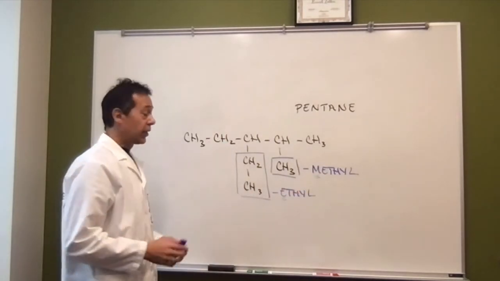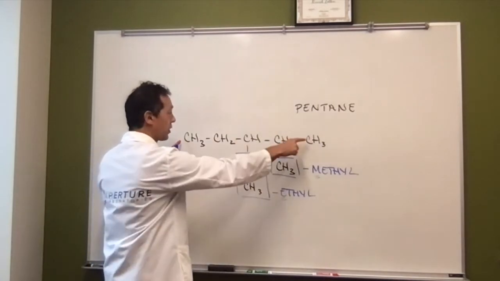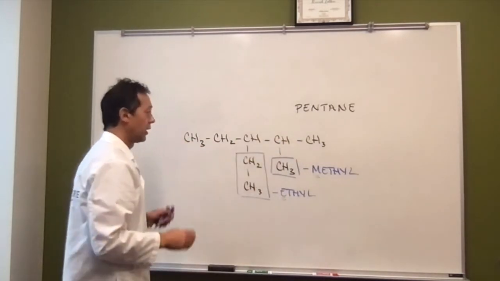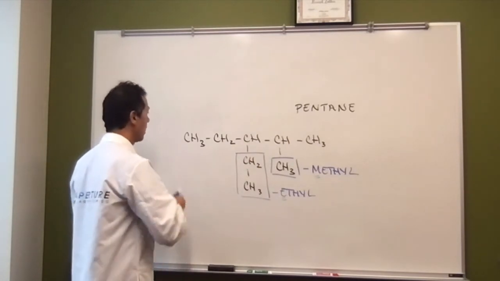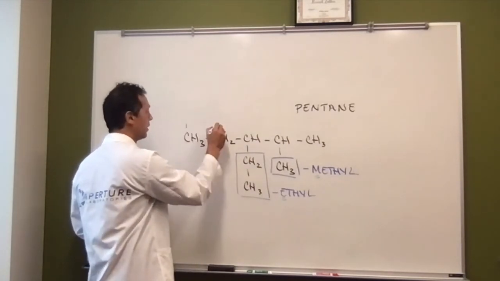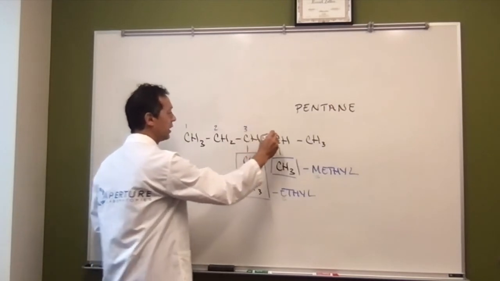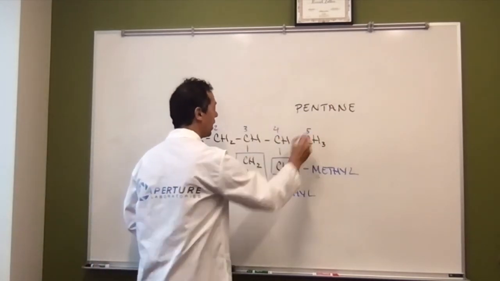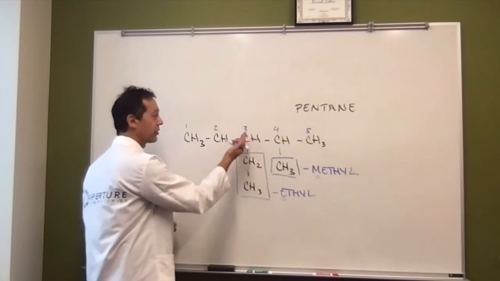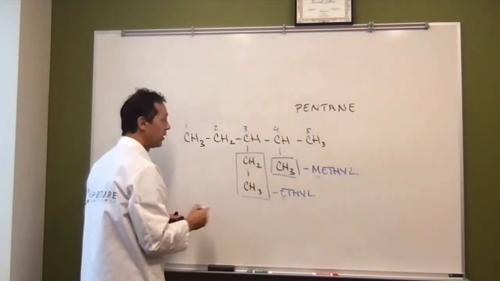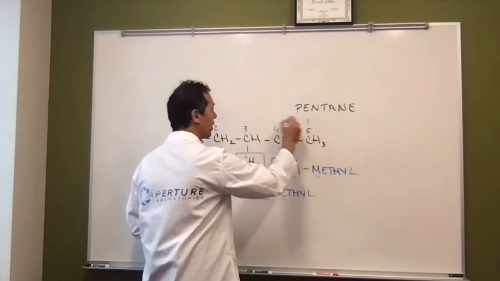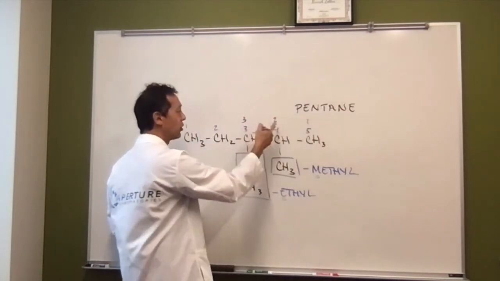Now for numbering this, we could go in this direction or we could go in this direction. If we go left to right, our substituents are going to be on carbon atoms 1, 2, 3, 4, 5, so they will be on carbon atoms 3 and 4. Or if we go in the other direction, they'd be on carbon atoms 2 and 3.